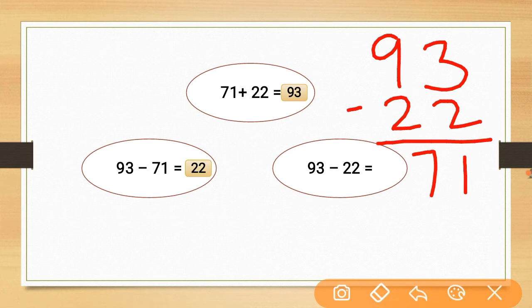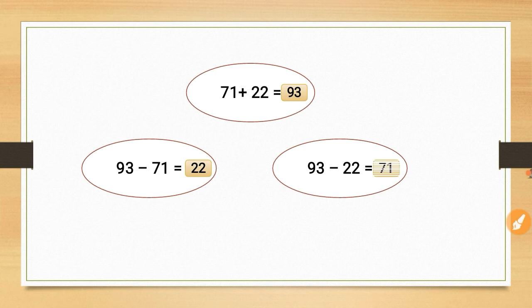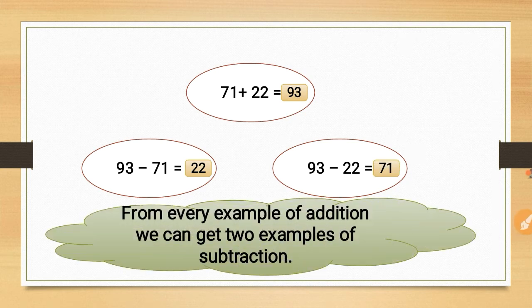If you notice, the other number is what? 71. It means when we subtract one number from the sum, we get the other number as a difference. Okay. So our answer here is 71. So what do we understand here? From every example of addition, we can get two examples of subtraction.